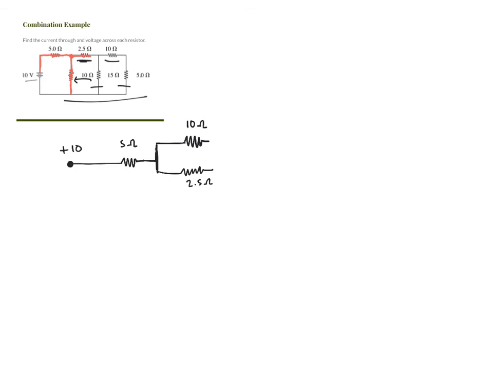On the 2.5 ohm path, I come to another junction, which means I have to do another split in my line diagram. One side, I'll make it the top side, is going to go down through this 15 ohm resistor. I know my little labels there are slightly off, but here we'll put a 15 ohm resistor. And on the other path, we'll have a 10 ohm resistor.